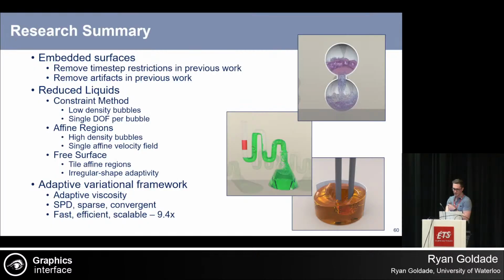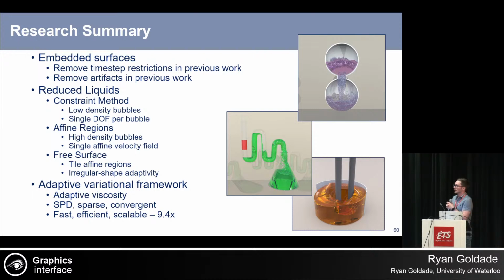Okay, so let's wrap this up. My research covered embedded systems where we're able to remove time step restrictions and artifacts present in previous work. We presented a reduced model that started from a constraint-based approach so we could capture the glugging motion that we wanted for low-density bubbles.